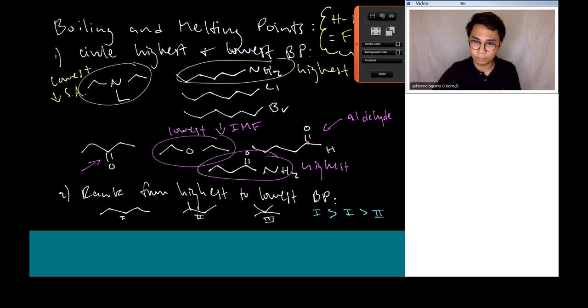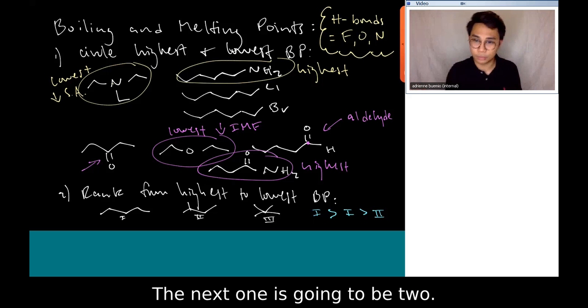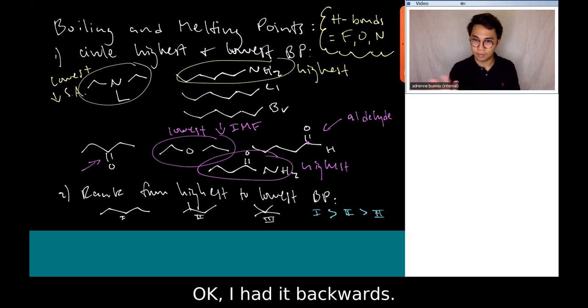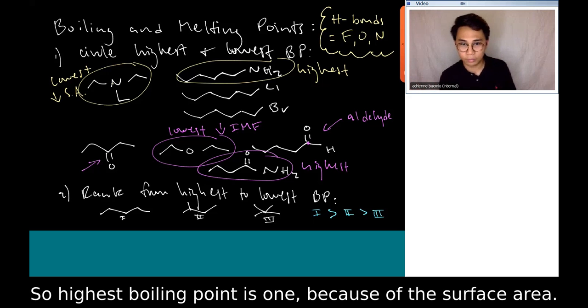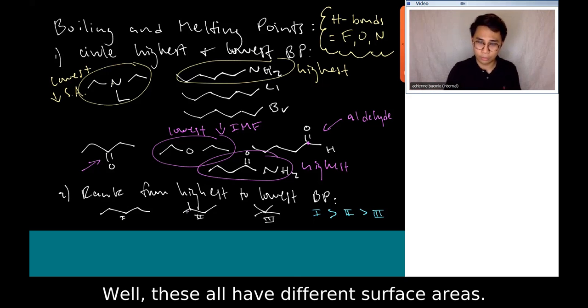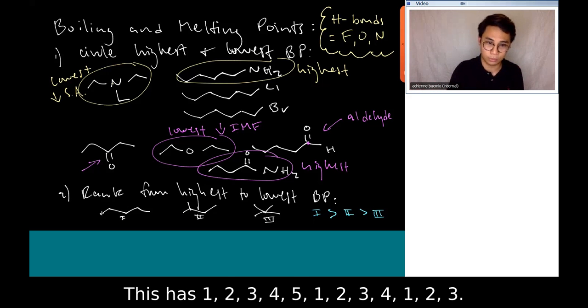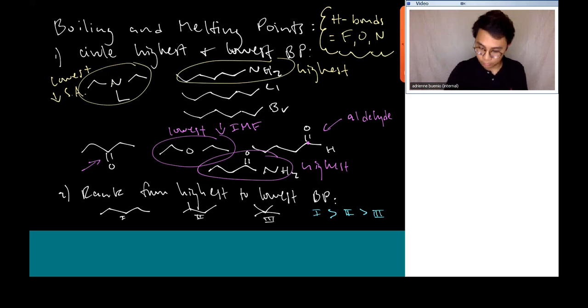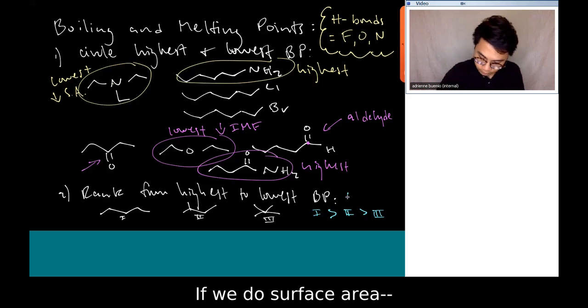And then the next one is going to be 2. Ooh, that was easier fixed than I thought. Okay, I had it backwards. So the highest boiling point is 1 because of the surface area, and then same thing with 2. Well, these all have different surface areas, right? This says 1, 2, 3, 4, 5, 1, 2, 3, 4, 1, 2, 3, right? So all about surface area for this one. Okay, so let's see. You do surface area.